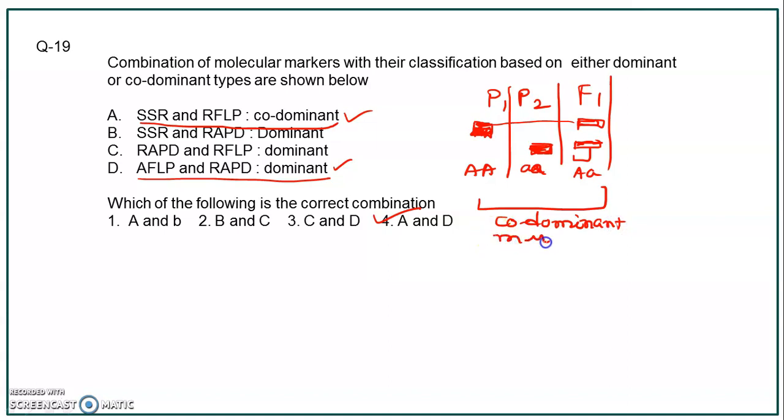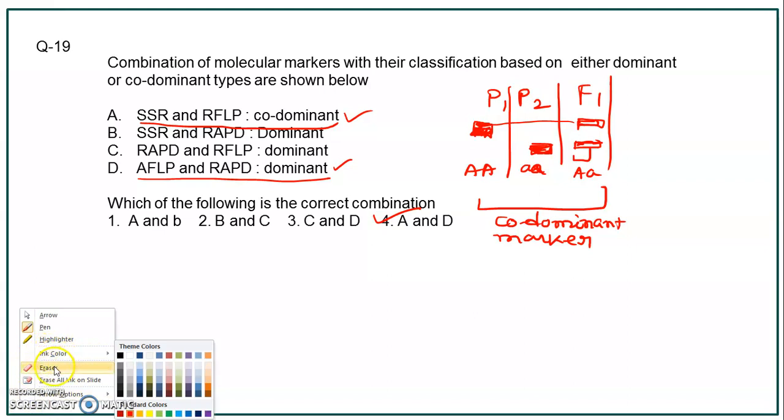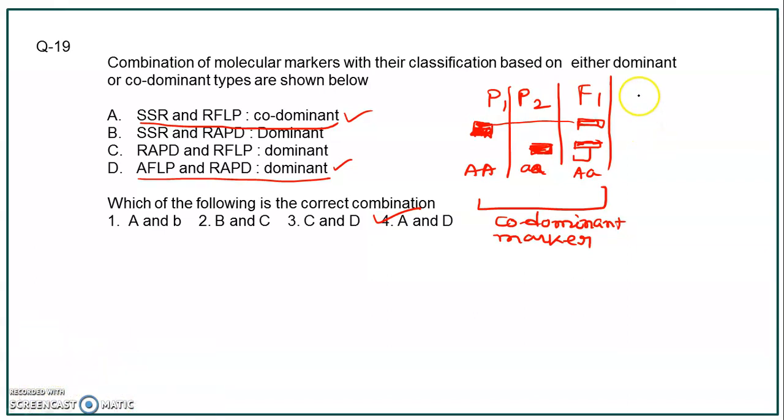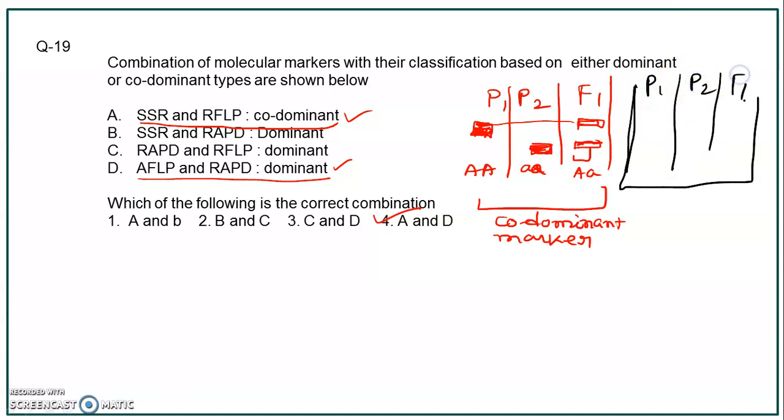With a co-dominant marker, you can clearly differentiate between heterozygous and homozygous, whereas a dominant marker does not allow this. In the case of a dominant marker, with P1, P2 and F1, you will get one band in each, so you will not be able to differentiate between them.